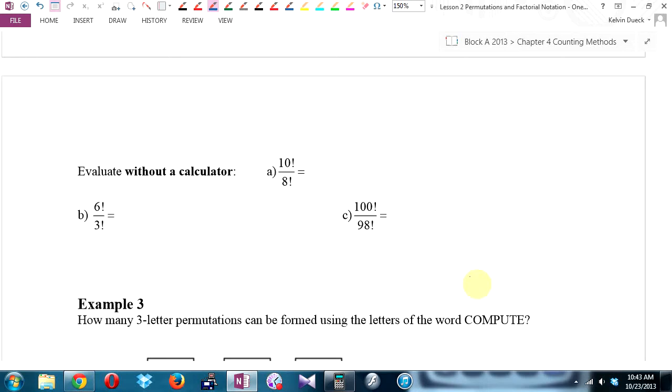How can I do this without a calculator? This is going to be your workaround sometimes when you are bigger than 70 factorial. Sometimes, if you're clever, you can figure out what the answer simplifies to. I'll show you what I mean.